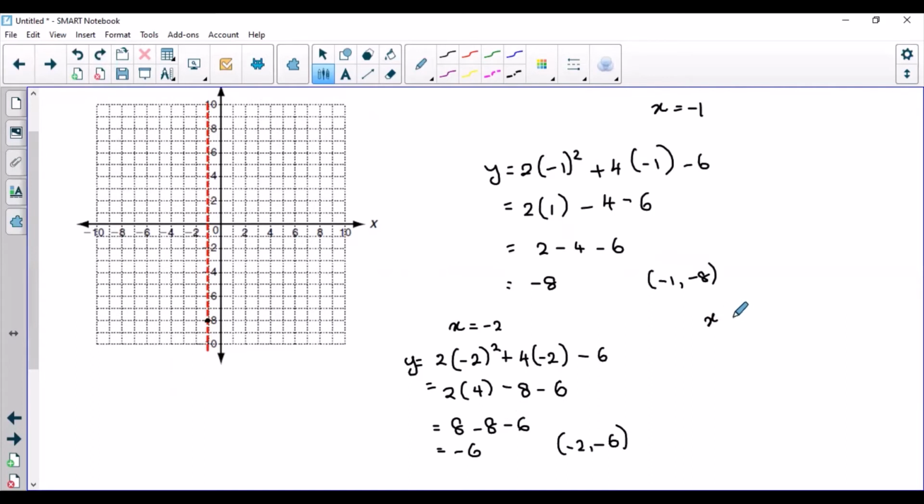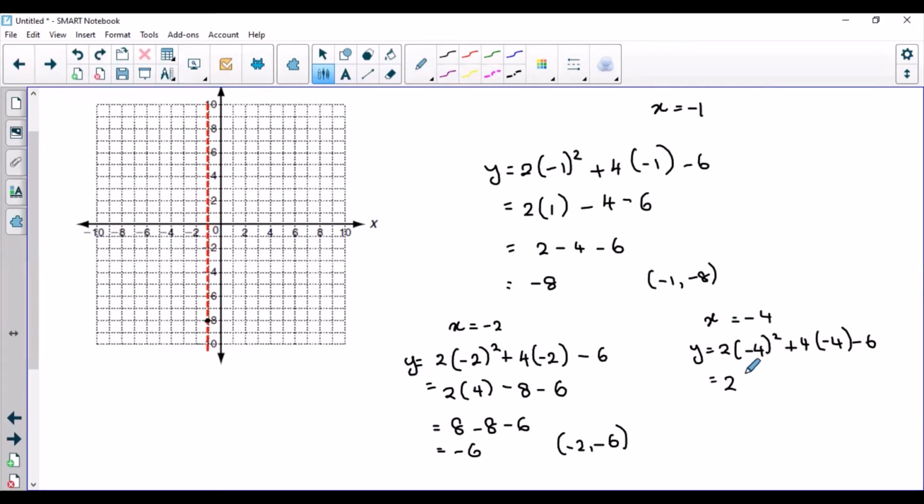Similarly, we will do it for x is equal to negative 3 or negative 4. It's totally up to you which number you want to choose. That's going to be y is equal to 2 times negative 4 squared plus 4 multiplied by negative 4 minus 6. Why did I choose negative 4? So that we will get a little bit further point. It will be easy for us to join the parabola. That's why I skipped one and chose the other one.